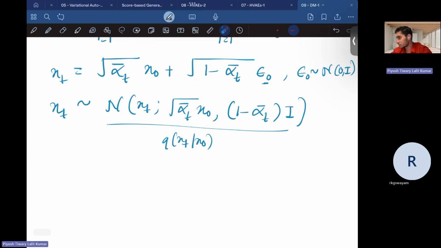Well, I think there is one paper, something called cold diffusion, if I am right. Maybe you can have a look at this paper. So this is one paper that did exactly this thing.